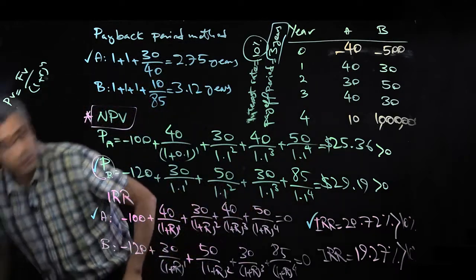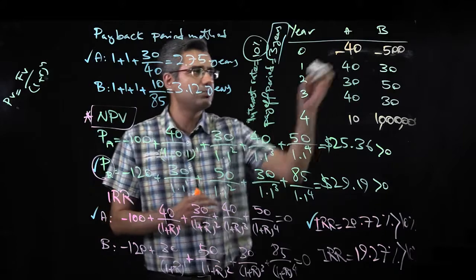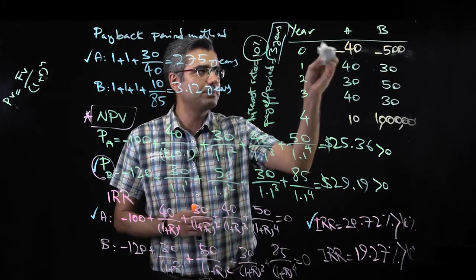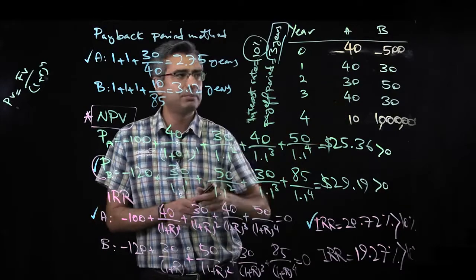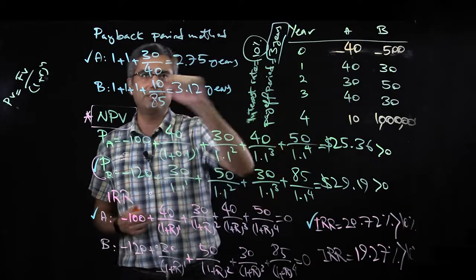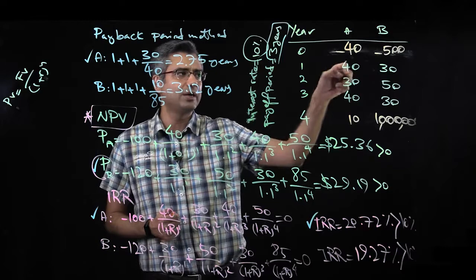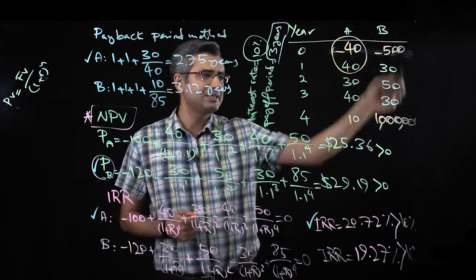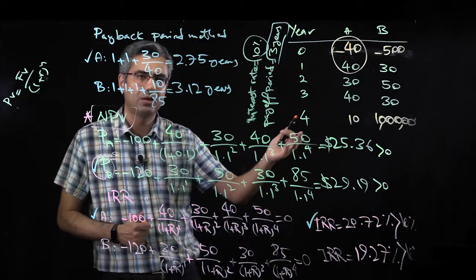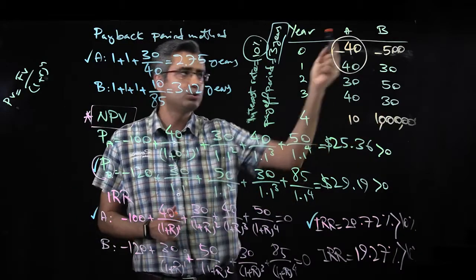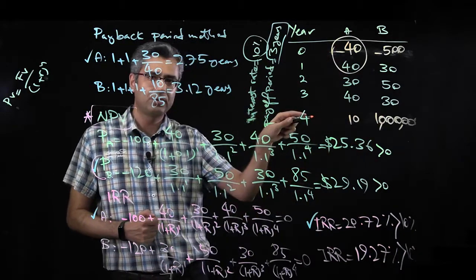So which project will you choose, project A or project B? Based on the payback period method, you will choose project A. Because in 1 year, the break-even point or the payback period is just 1 year, right? But for project B, it takes 3 years and a few maybe days or months to reach the break-even point. So you choose A. But now you see the problem, right?